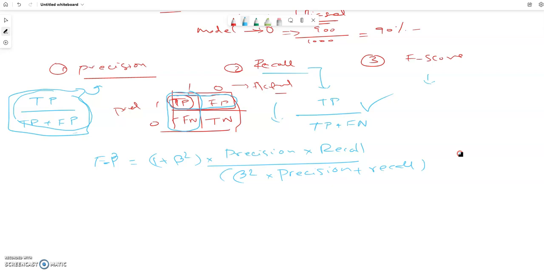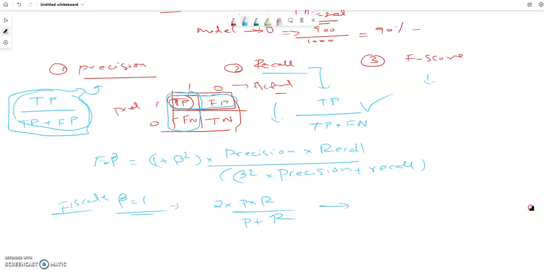Now whenever we put beta equal to 1, it becomes the F1 score. Here it becomes 2 into precision into recall divided by precision plus recall, using P and R.